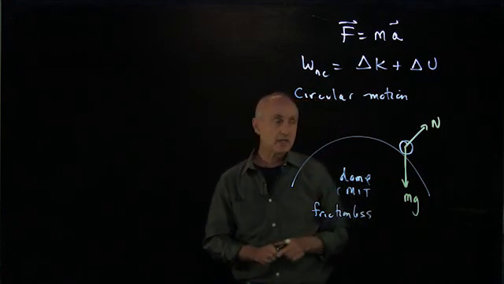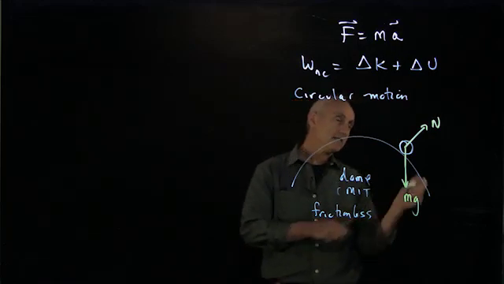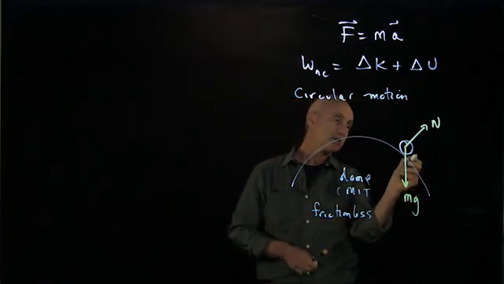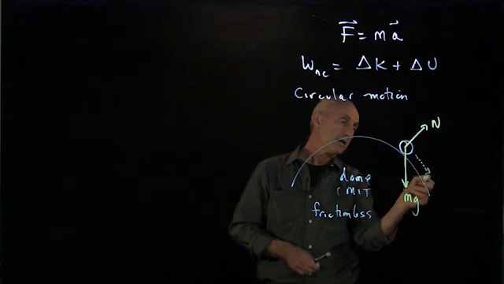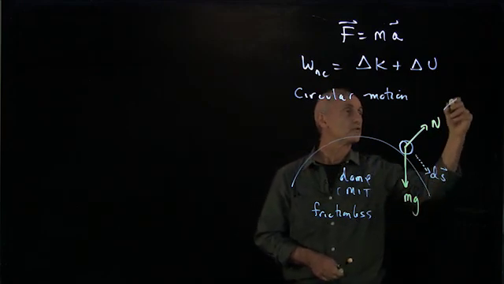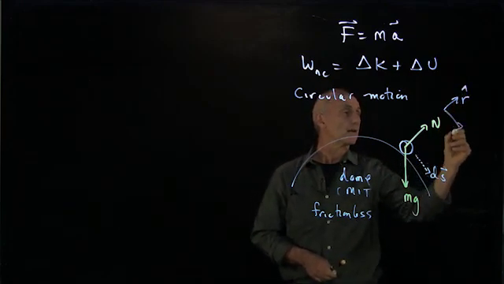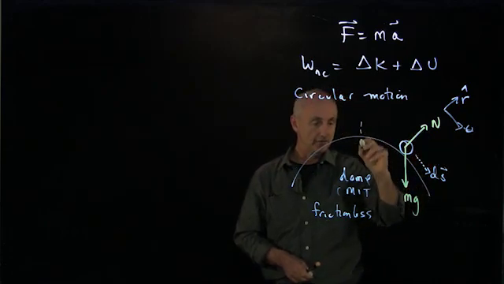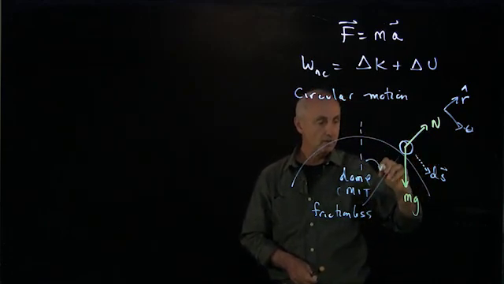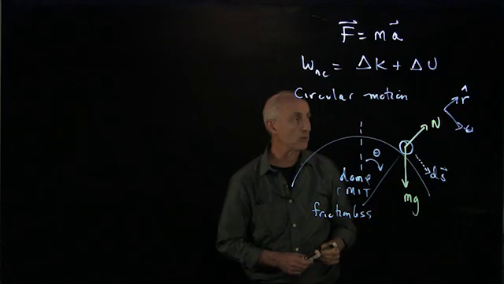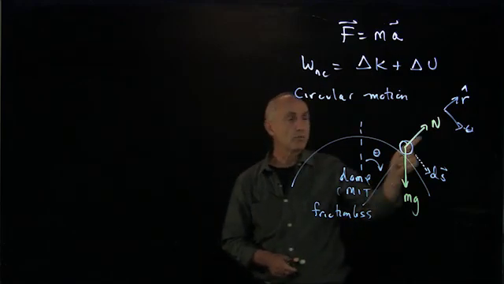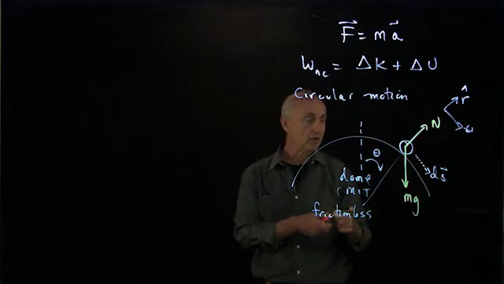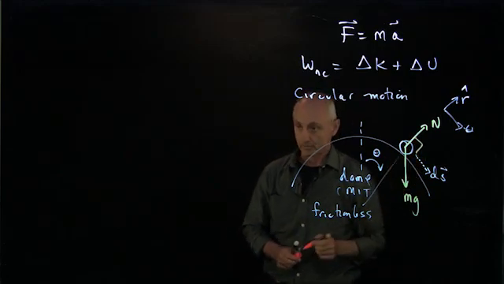So what you see here is that the object is displacing in a direction. Now here, if I choose r hat and theta hat, and if I choose a coordinate system where I take my positive angle theta this way, then the normal force and the displacement are perpendicular.